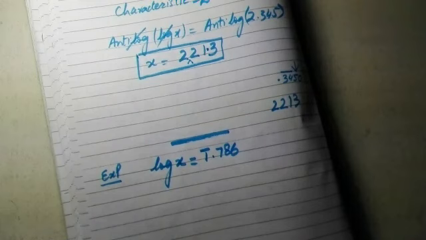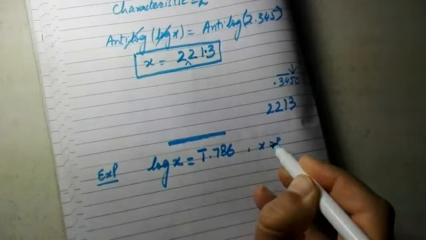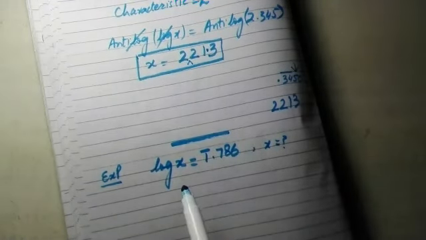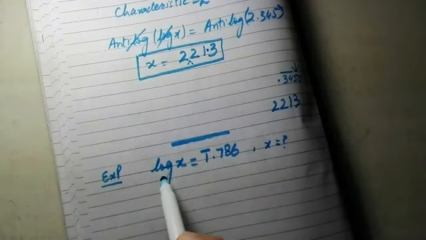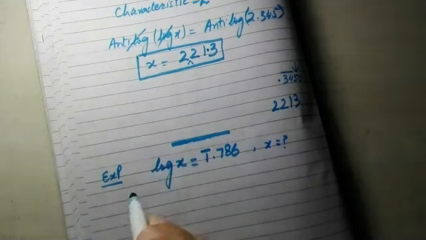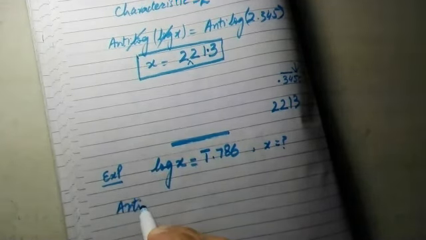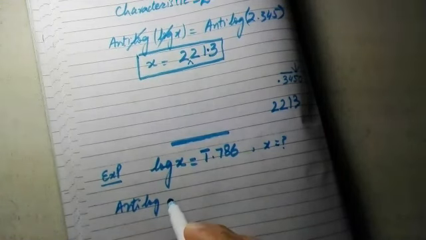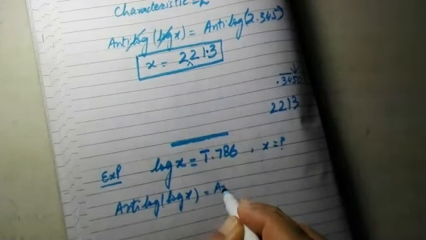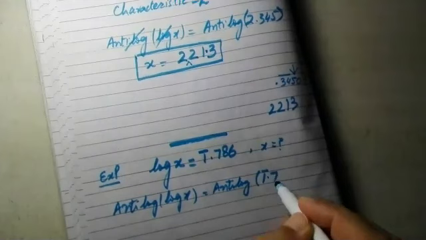Sometimes the question says find the value of x, or sometimes find the anti-logarithm. If log x is written and you want to find the value of x, there is only one option: apply anti-log on both sides. So anti-log of log x and anti-log of 1 bar point 786.